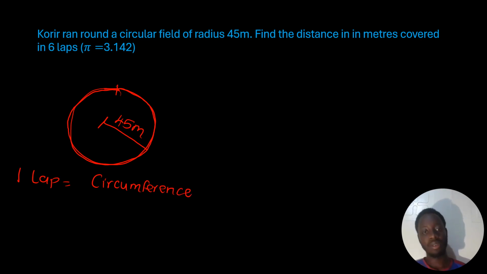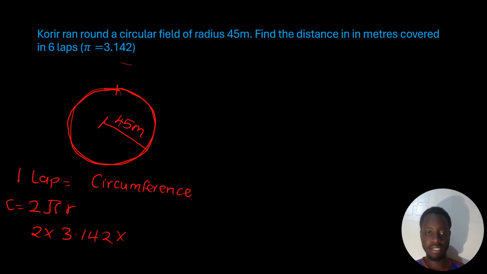Okay, so we are told to take pi as 3.142, and the formula to find the circumference of the field is circumference is equal to 2 pi r, and our pi is 3.142 and our radius is 45 meters, and we know that 1 lap is equal to circumference. So you have 2 times 3.142 times 45 meters.